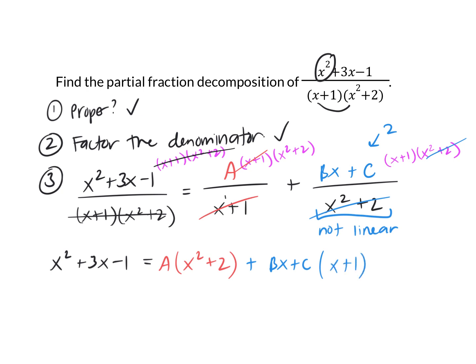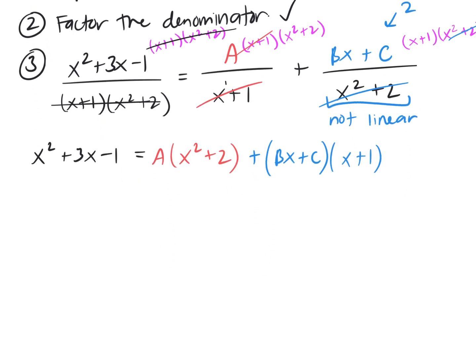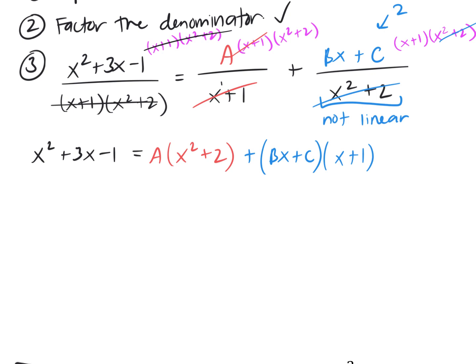However, isn't that whole numerator being multiplied by x plus 1? Yes, so I need parentheses around that whole thing. Okay? So again, we're solving for A and B so that way we can plug our A value and our B value and our C value back into our original fraction decomposition there.